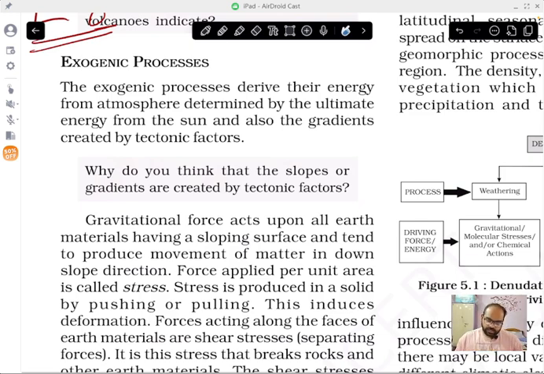This exogenic process contains many important statements and words. So in this class, I have picked the PDF form of the chapter from Physical Geography, Chapter 6, Class 11 NCERT, and I will try to explain the entire exogenic process like mass movement, weathering, and erosion by highlighting those statements and words in the textbook itself, so that it helps you remember those statements for a longer period of time.